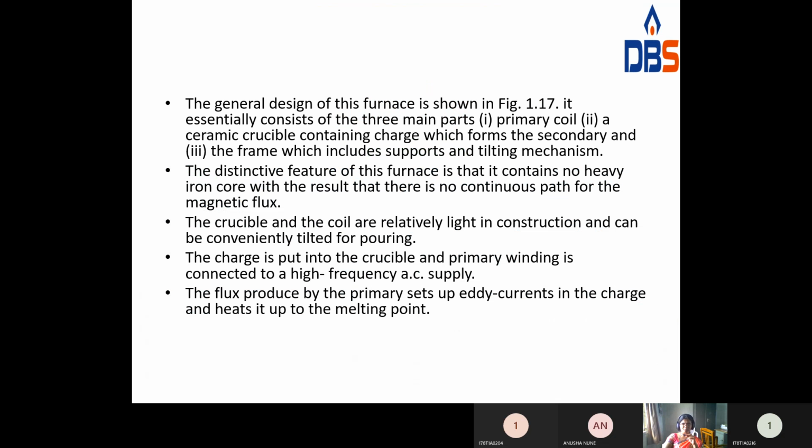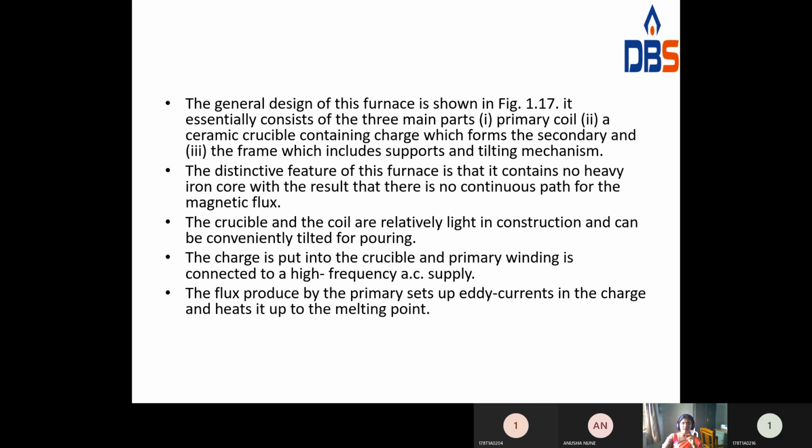Coming to the construction and operation of the coreless type induction furnace, the general design of the furnace is as shown in the figure. It essentially consists of main parts: a primary coil, and a ceramic crucible containing the charge, which forms the secondary.